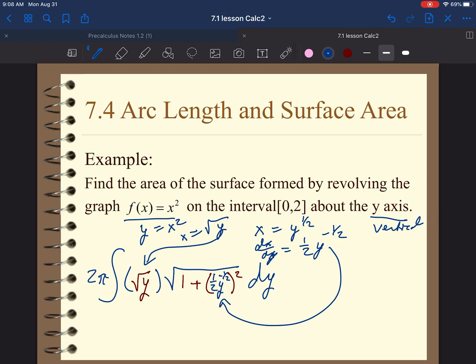All right, let's see. Oh, endpoints. We need endpoints. Because this is dy, we're going to be in terms of y. So we had the 0 to 2, but it needs to be converted. So we've got y equals 0 squared and y equals 2 squared. So y equals 0 and y equals 4.